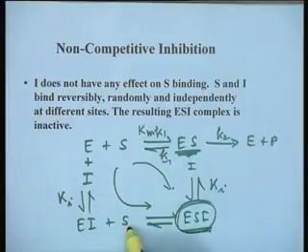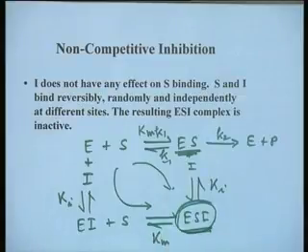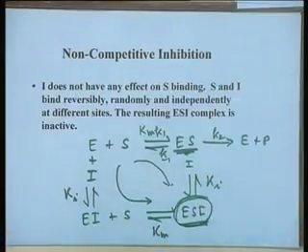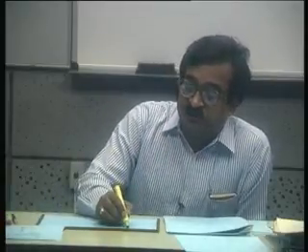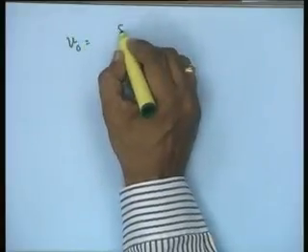Similarly, here when substrate binds to the EI complex it is also Km. So, as I mentioned earlier, there is no interference by binding of substrate or inhibitor onto the enzyme in their subsequent binding process.